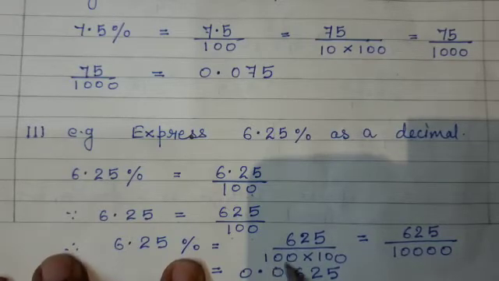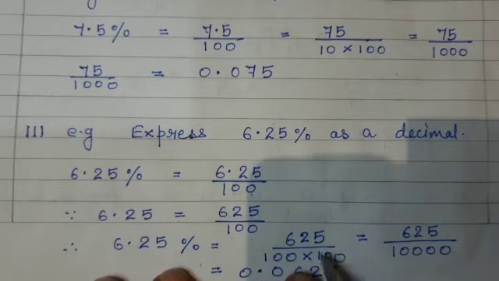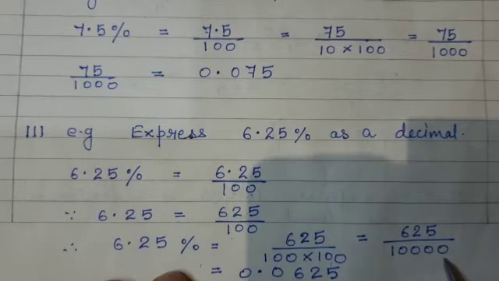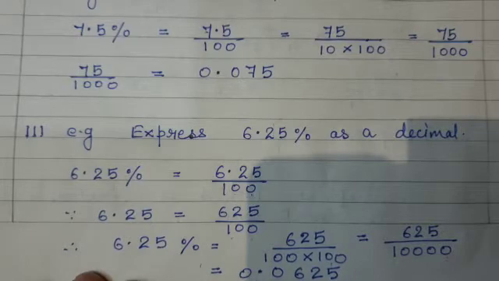The first 100 is because of removing the decimal point, 2 decimal places, and the second 100 is because of removing the percentage symbol. Therefore, it will be 625 upon 10,000. And as 10,000 has 4 zeros, when we convert it into decimal form, there should be 4 decimal places, and finally it is 0.0625.